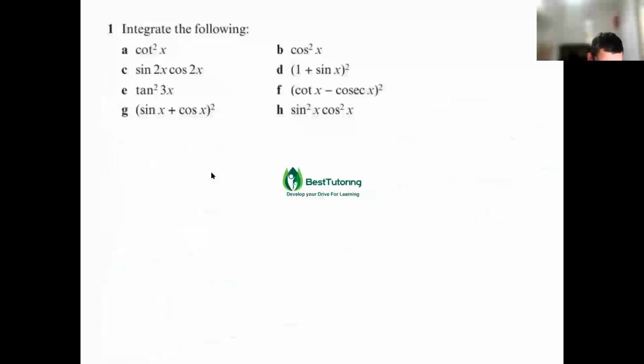Okay, let's go for the next question, which is (1 plus sine x) to the power 2.